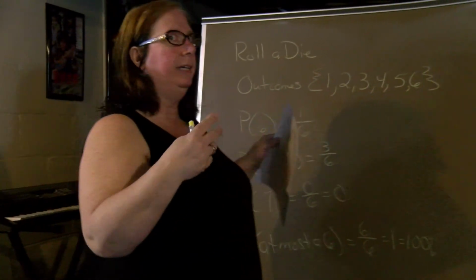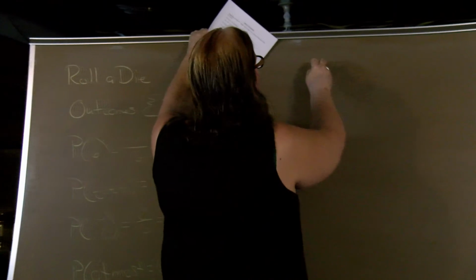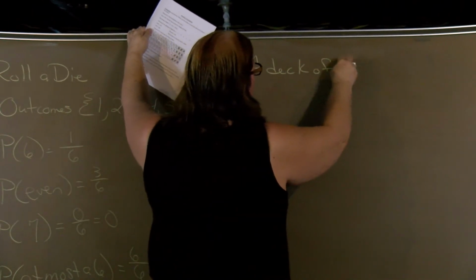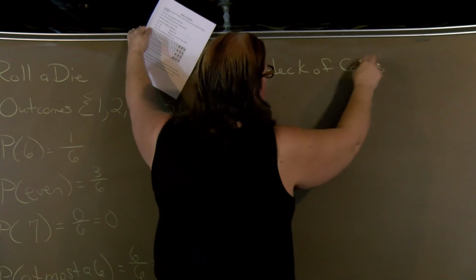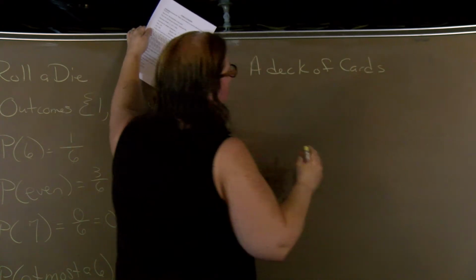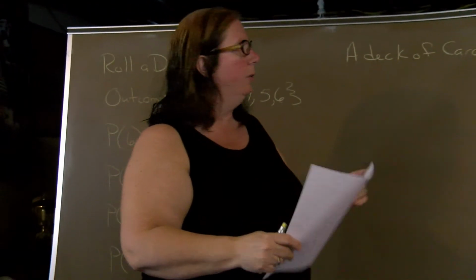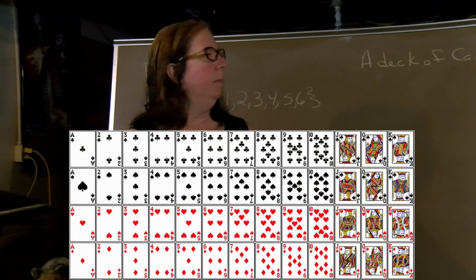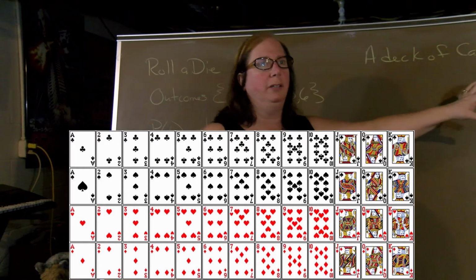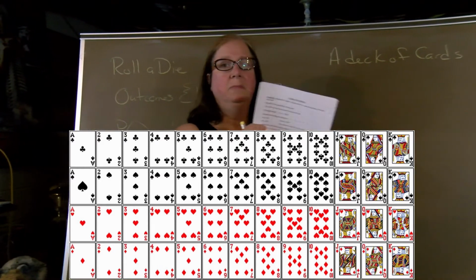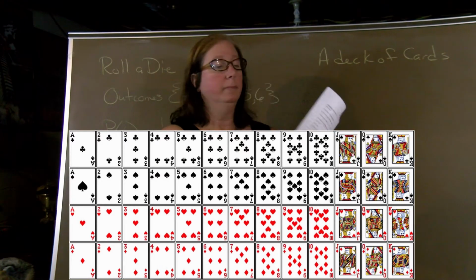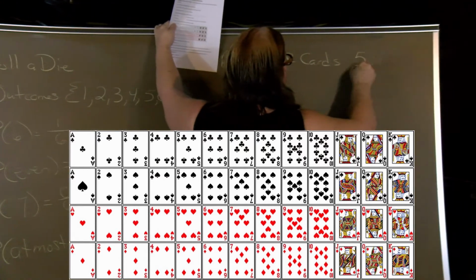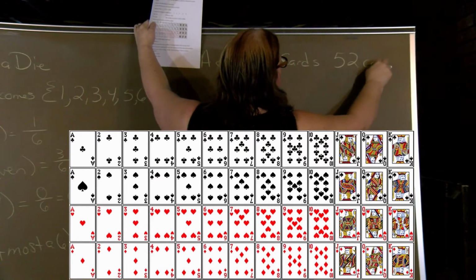And let's try an even bigger set, a deck of cards. If you're unfamiliar with a deck of cards, I will have it on there, on the video. But you can also Google a deck of cards and it'll show you a deck of cards. In a standard deck of cards, usually they'll say 52 cards.